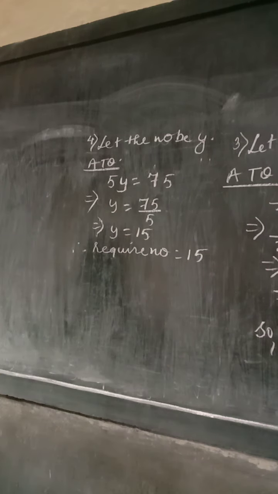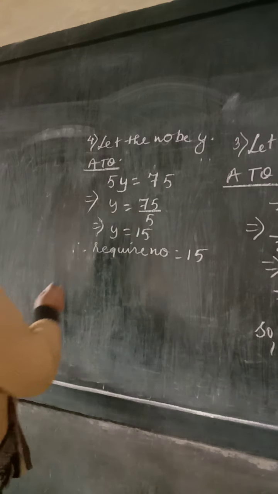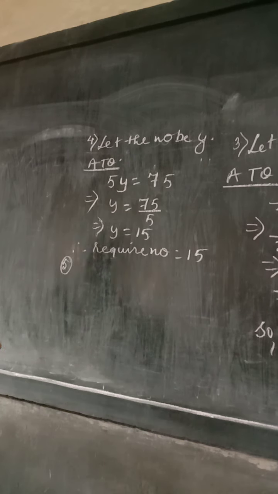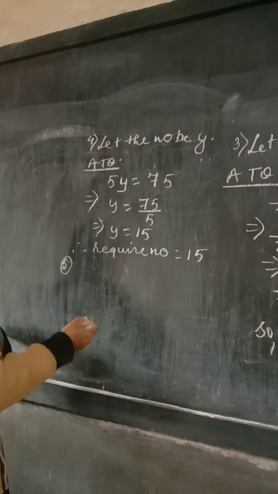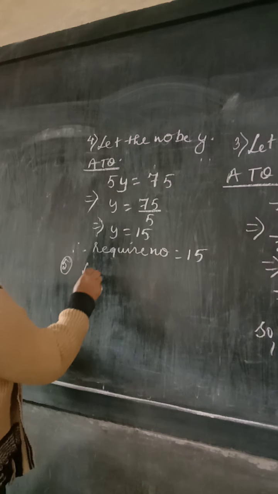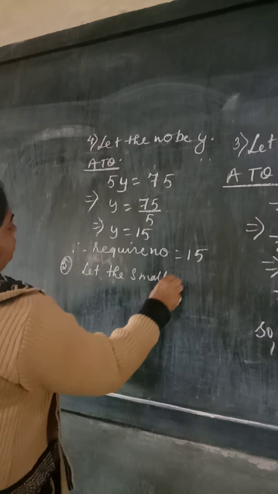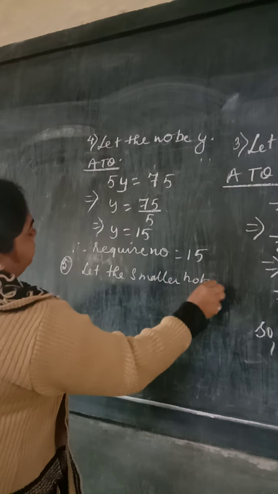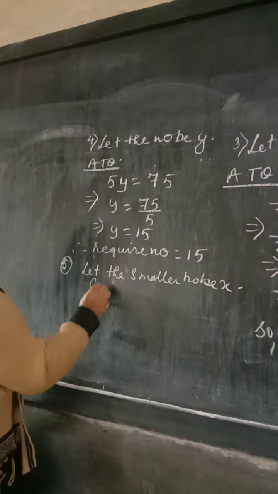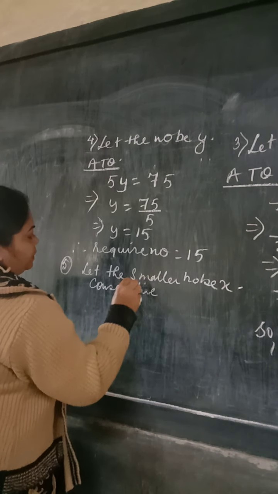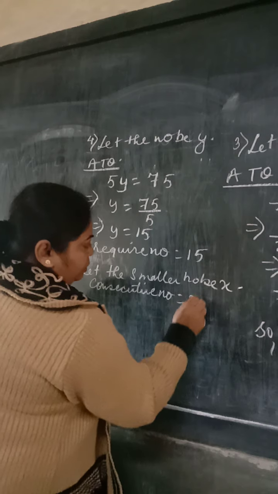Now it says the sum of two consecutive numbers is 45. Find the numbers. Consecutive numbers means numbers which come one after another, as 3, 4, 5, 6. These are consecutive numbers. So we'll let the smaller number be x. After x what comes? x plus 1.